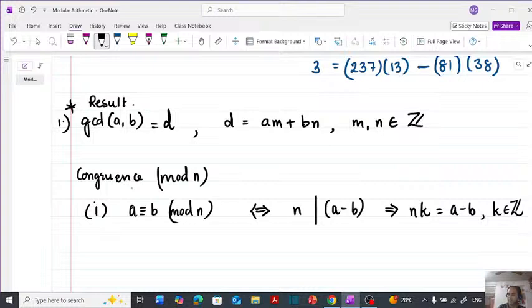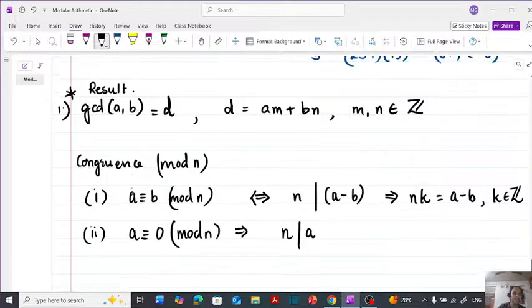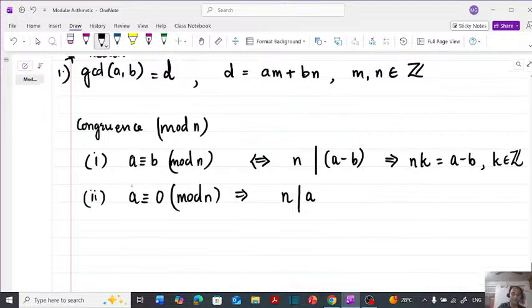Okay. Now, second thing, if I have A congruent to 0 mod n, the meaning of this is that n divides A. That is the meaning over here. Alright. Now, let us see some important things.